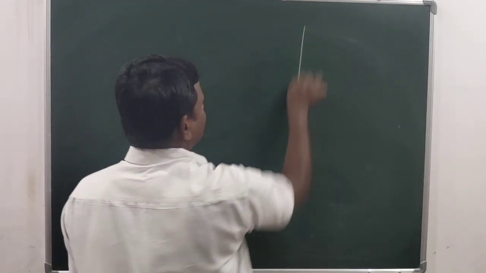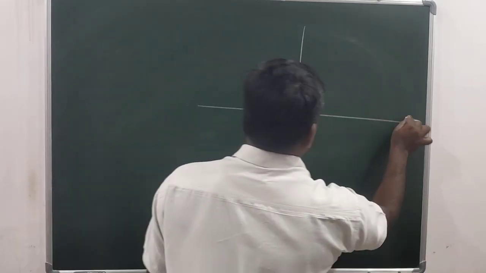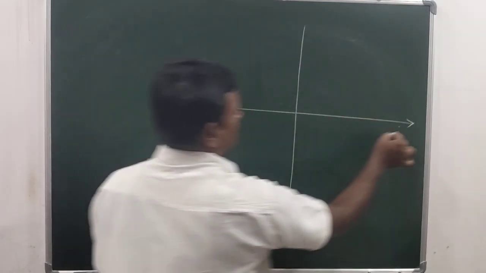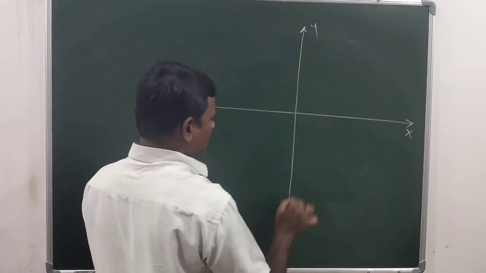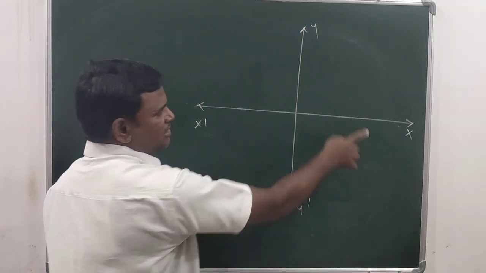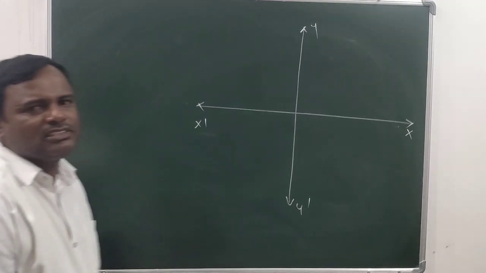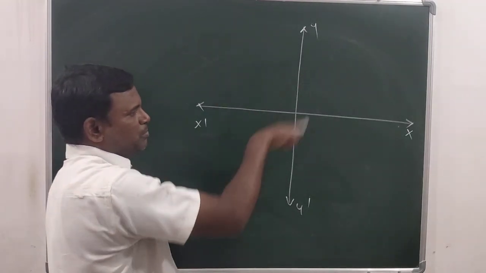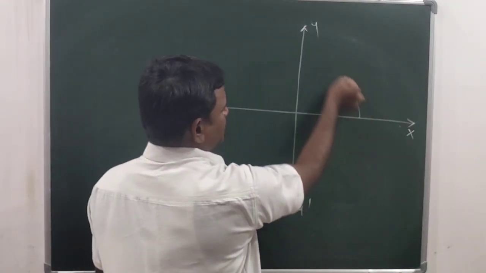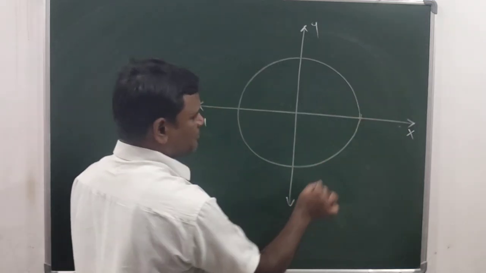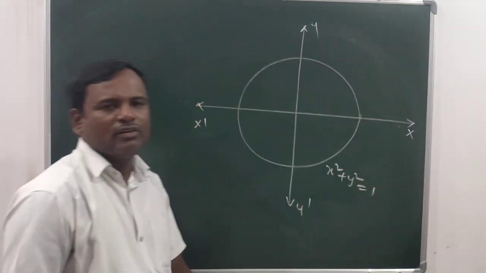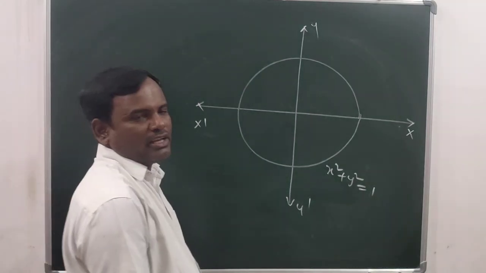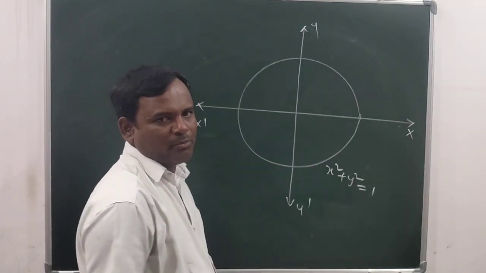See, x, x dash, y, y dash. This is the real axis, this is the imaginary axis, the complex plane. Take a unit circle whose equation is x square plus y square equal to 1. You have got one real root, and the remaining are all complex.